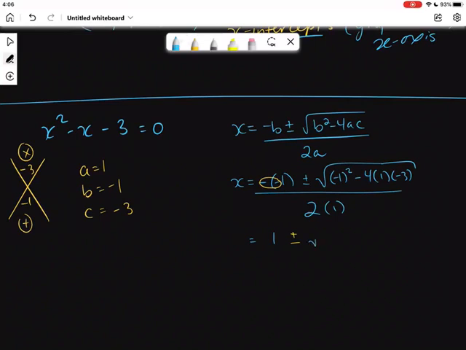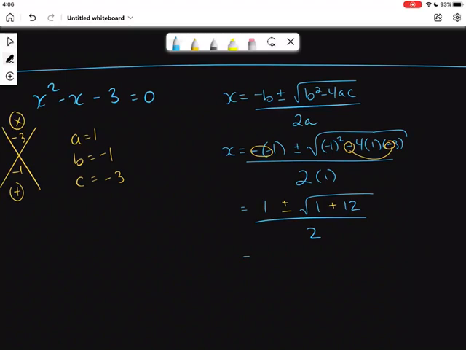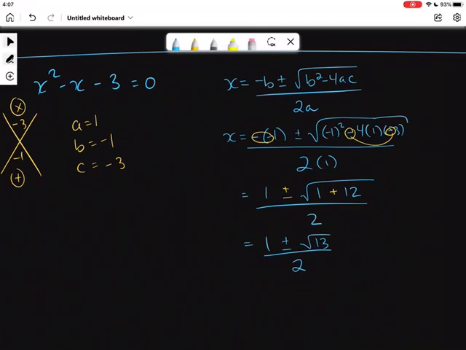And then I have plus or minus the square root of 1, and again I have a negative here and a negative here, so those will also cancel. I'll end up adding. That ends up being 4 times 3, which is 12, over 2. So I end up getting 1 plus or minus the square root of 13, divided by 2.